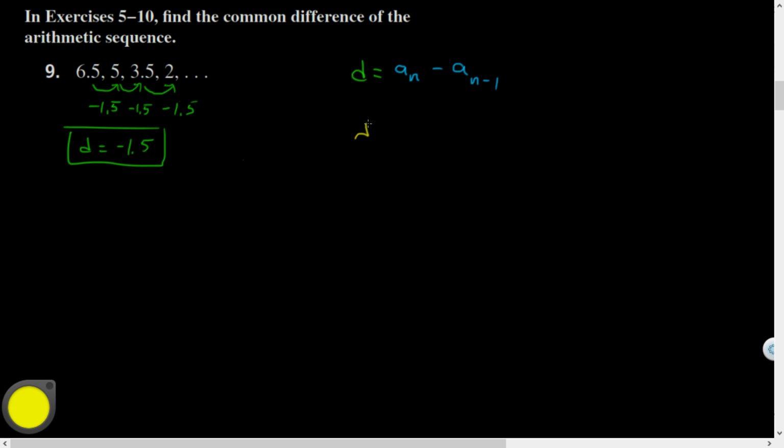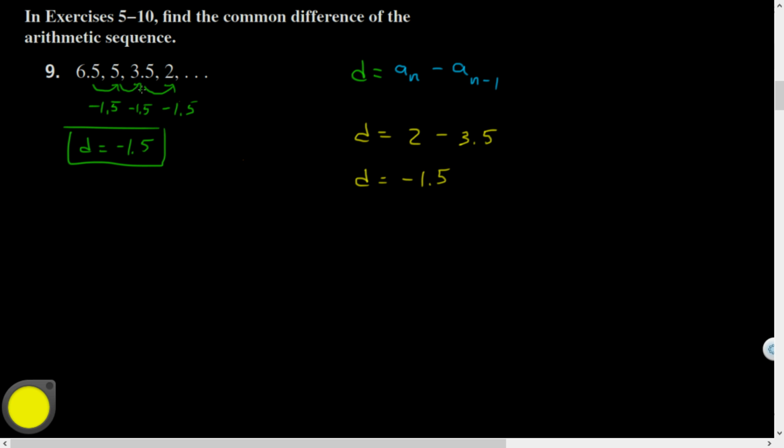So if I want to find the common difference D, I could take any two consecutive terms. Let's say I used these ones: a sub n, 2, minus the term before it, which was 3.5. And so I would get D equals negative 1.5.